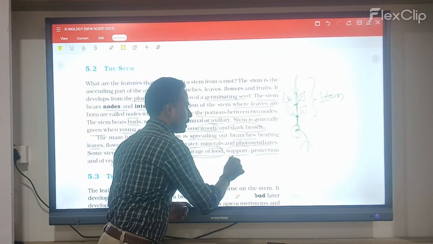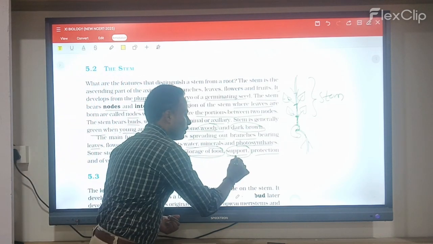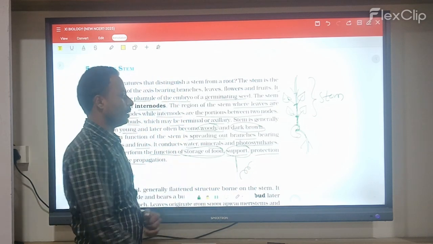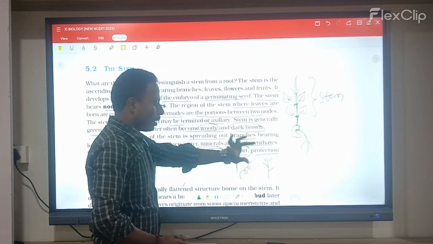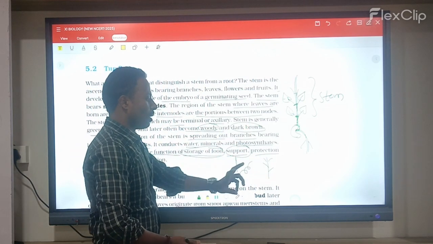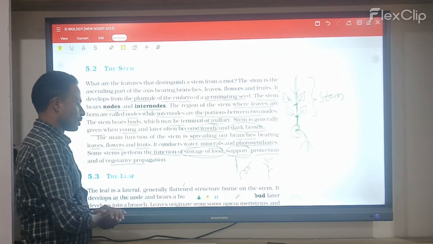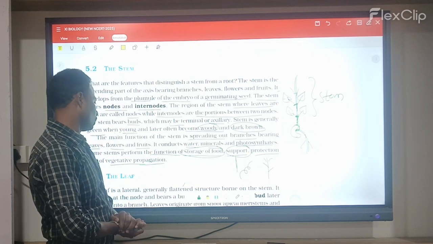In some weak stems like the pea plant, they help in climbing and protection. In cactus, cladodes help in protection, and bulbils help in vegetative propagation.